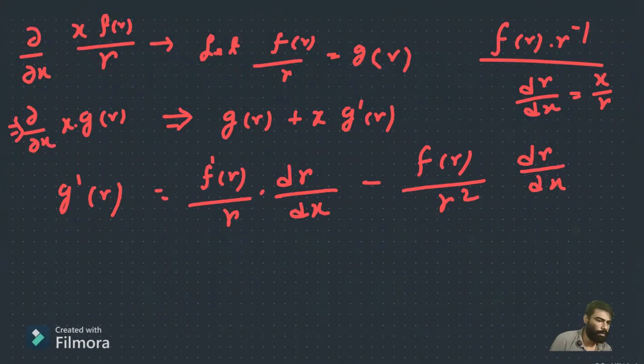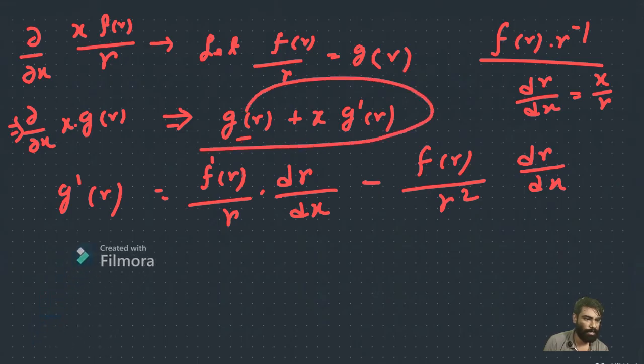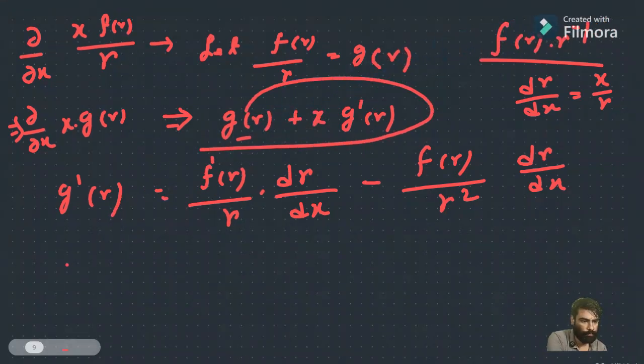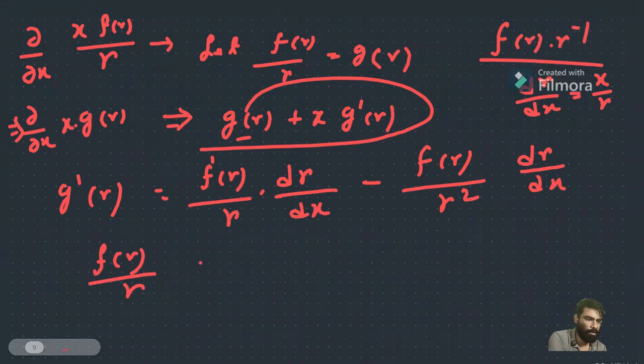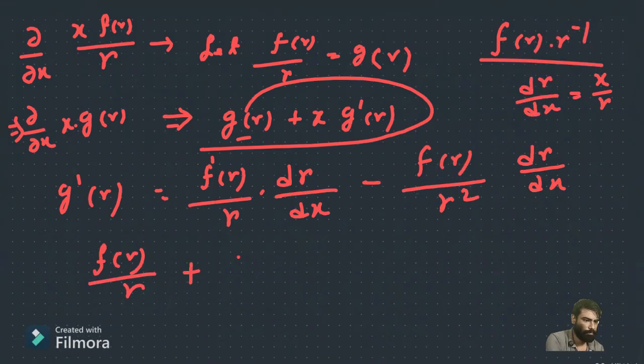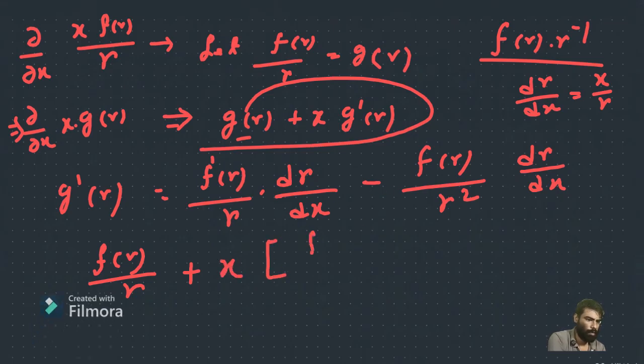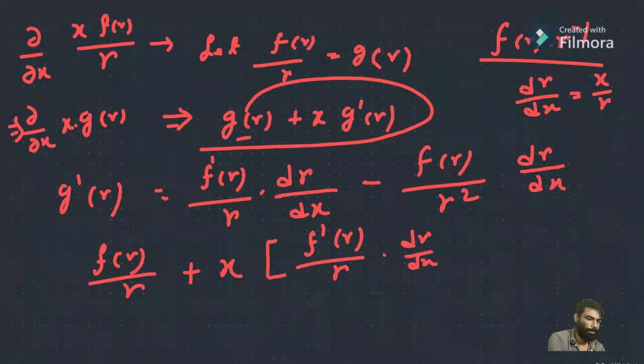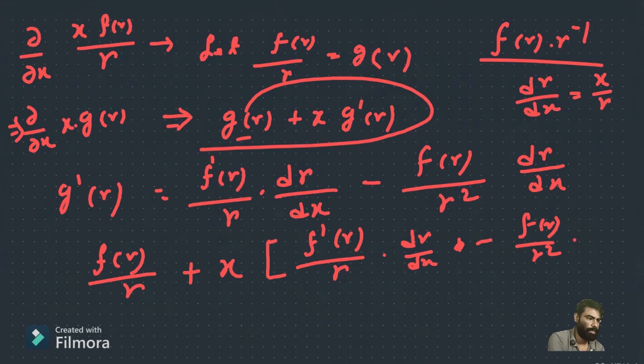Now again coming to our main topic, this can now be written as g(r), that means f(r) by r, plus x into f prime(r) dr dx, minus f(r) by r square and again dr dx.